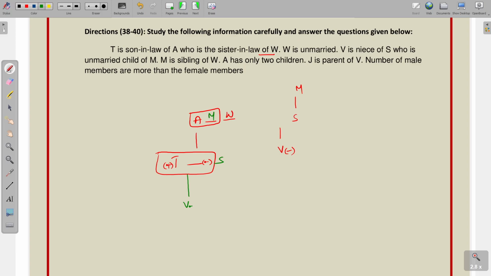J is parent of V, so J is the mother of V.